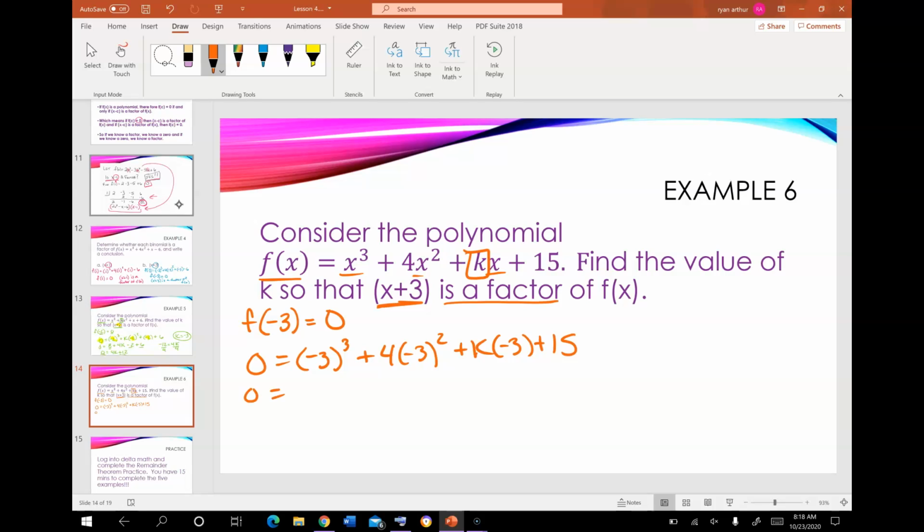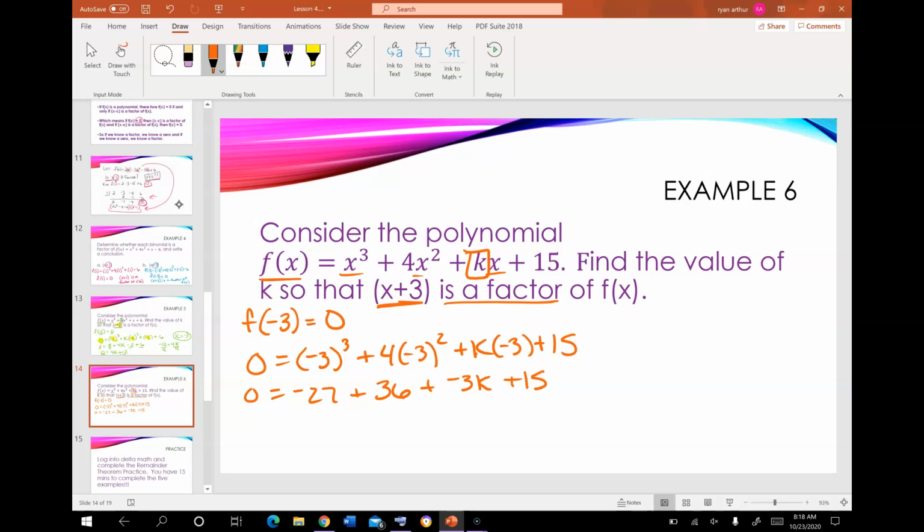So -3 cubed gives me -27 plus -3 squared is 9 times 4. Well, what's 9 times 4? 36. So we're going to erase that and put 36. Plus, I'm going to switch that to -3k plus 15.